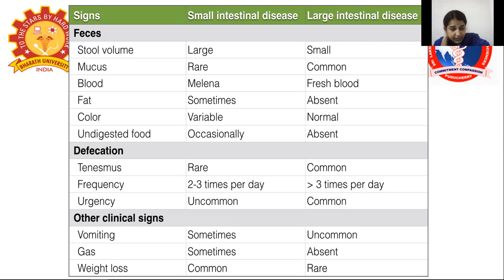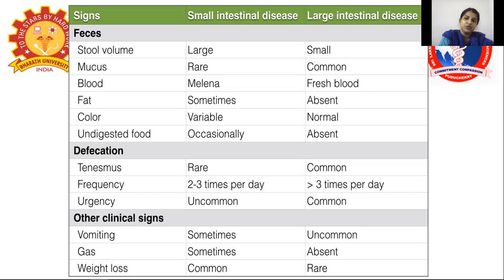Differentiate between small intestine diarrhea and large intestinal diarrhea. Considering stool volume, in small intestine diarrhea the stool volume will be large, whereas large intestinal diarrhea is usually associated with a small volume of stool because most of the fluid is absorbed in the small intestine itself.